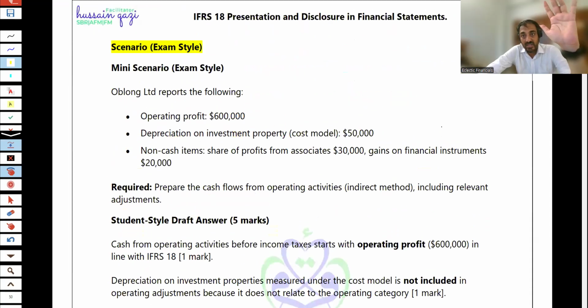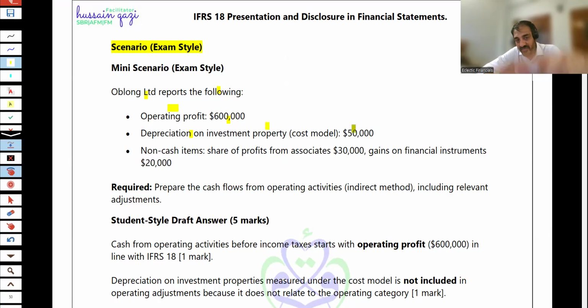Now, practice question. You have to make practice. Read it. It's a small case. Oblong reports the following. Operating profit 600,000.